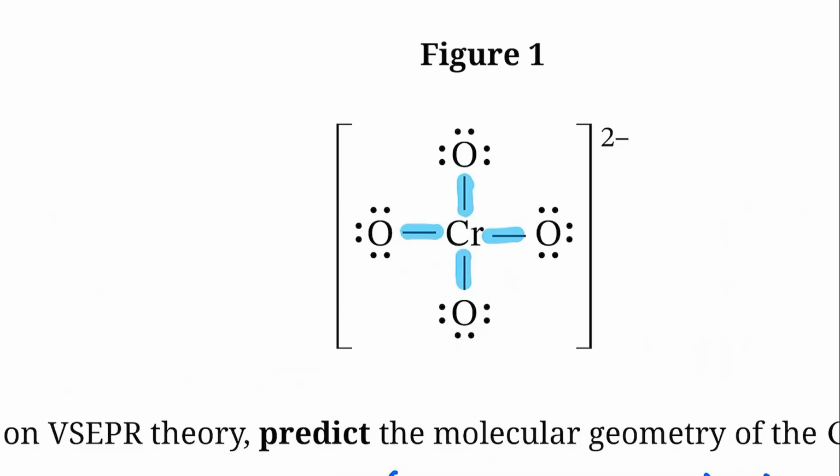So let's get after this and find how many actual regions of electrons we have. Now we don't have any lone pairs that we would count for the central atom. Remember, it's the central atom that determines the shape. So if I count 1, 2, 3, and then 4, that would be 4 different domains, 4 different regions of electron density that will repel themselves.